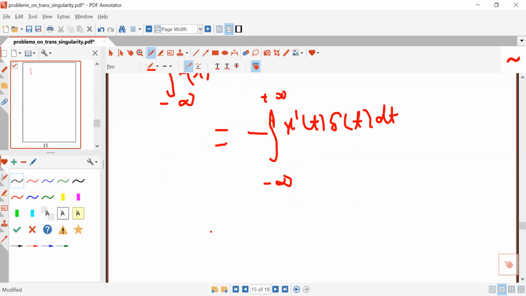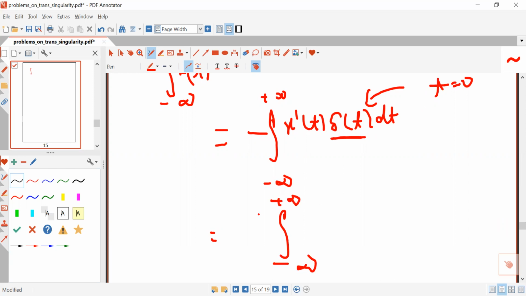Now, from the fundamental concept of the impulse signal, this delta t will be 0 everywhere. You cannot determine its magnitude at t equal to 0. So everywhere this product will be 0 except at t equal to 0.